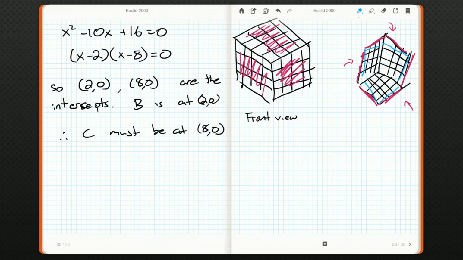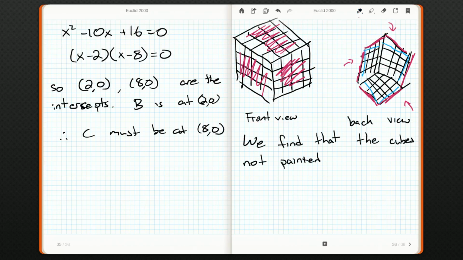And what we're going to find is that the cubes that aren't painted red at all, the cubes that are left over, form a smaller cube at the back.